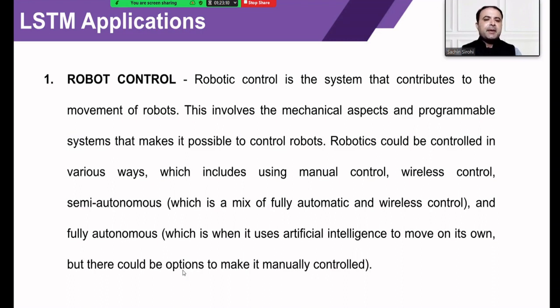This involves the mechanical aspect and programmable systems that make it possible to control a robot. Robots could be controlled in various ways, which include manual control, wireless control, semi-automated, which is a mix of fully automatic wireless control, and fully automated, which is when it uses artificial intelligence to move on its own, but there could be an option to make it manual control. So robots are a perfect example of controlling the whole process.